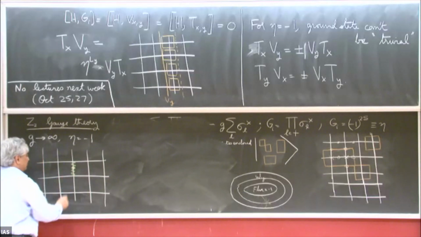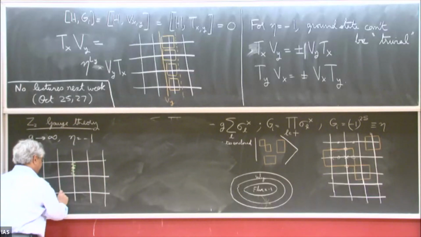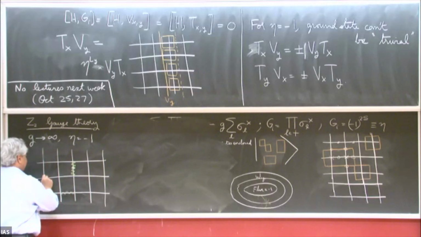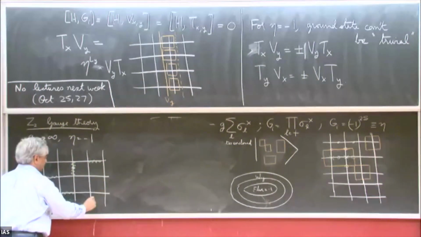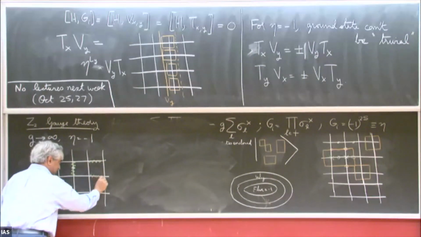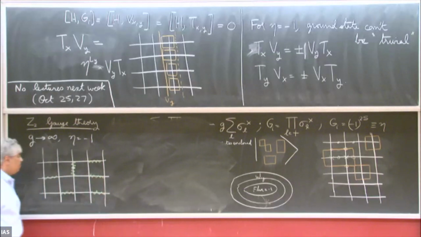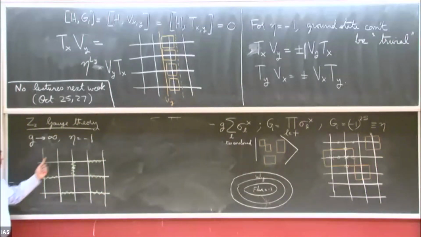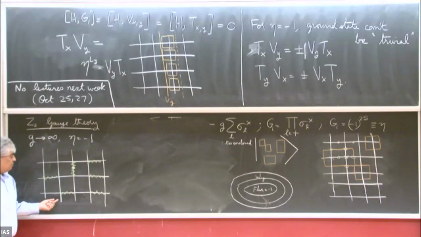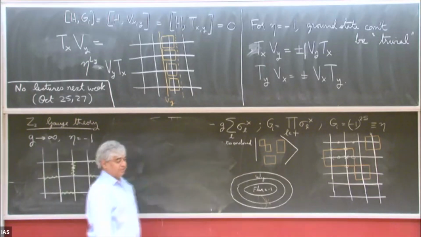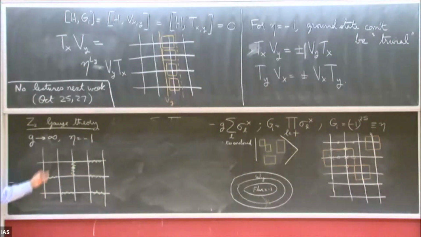So sigma x is -1 there, here, in a way that every site has an odd number of greens. But you should only have 1, because if you add 3 of them, then it costs you energy 2G, which you don't need to pay. So this is a dimer covering of the lattice. This is the correct dimer mapping. And every such state is an eigenstate as G goes to infinity.